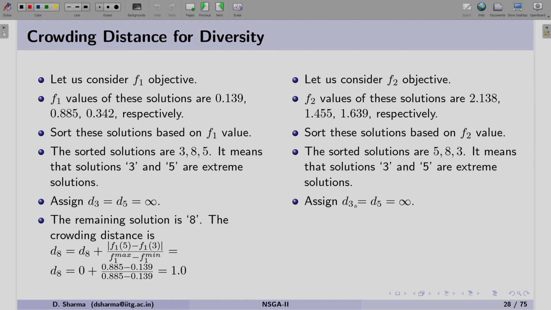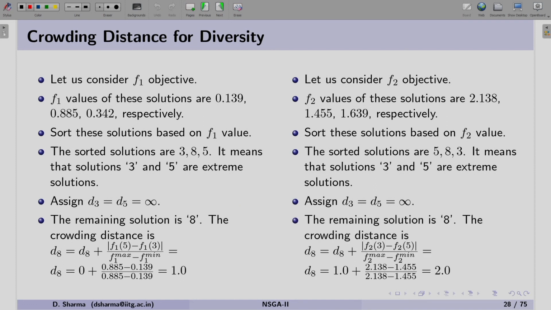Since these are extreme solutions, we assign a very large crowding distance value, which is infinite. Here you can see that for F1 and F2 the extreme solutions are the same. It is only because we are solving a 2 objective problem. When we solve a 3 objective problem, these solutions can be different.